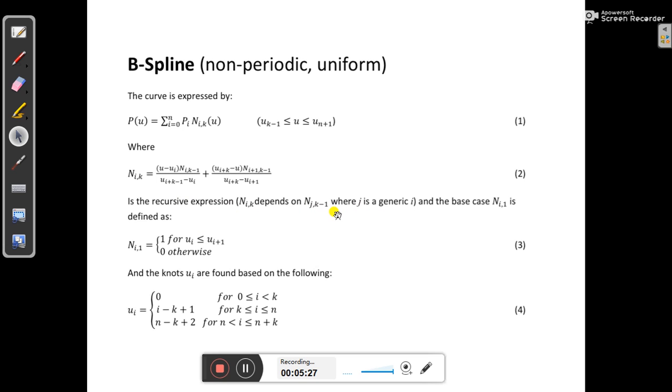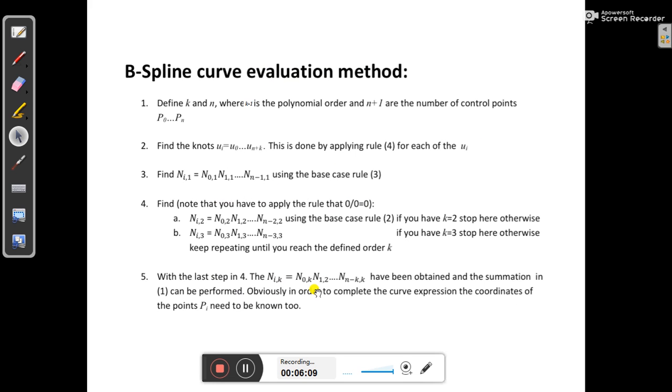So here you can see Nik depends upon Nj k minus 1, and for the base case, the initial value Ni1 will be 1 for ui less than or equal to u less than ui plus 1, and 0 otherwise. If that is not satisfied, then it will be 0, and the knots ui are found based on the following. So this is the equation to find the parametric knots.